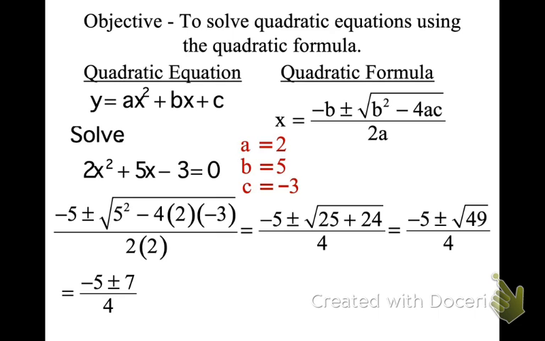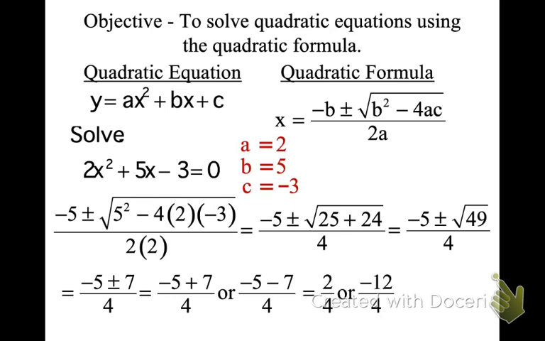And so that becomes negative 5 plus 7 divided by 4, and negative 5 minus 7. So the first one we're going to get 2 over 4, which is 1/2, and the next one we'll get negative 12 over 4, which is negative 3. Right? So our solutions are 1/2 and negative 3.